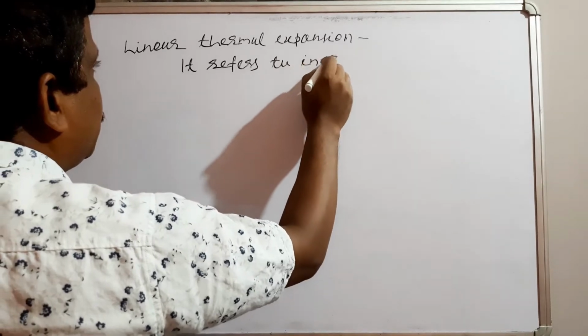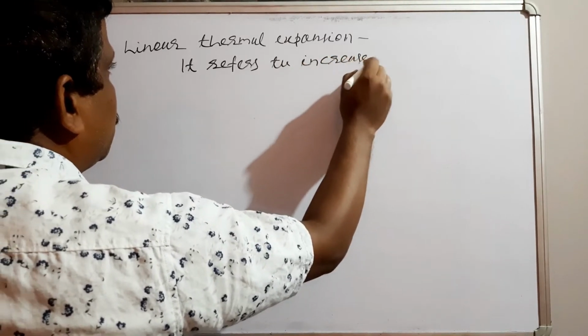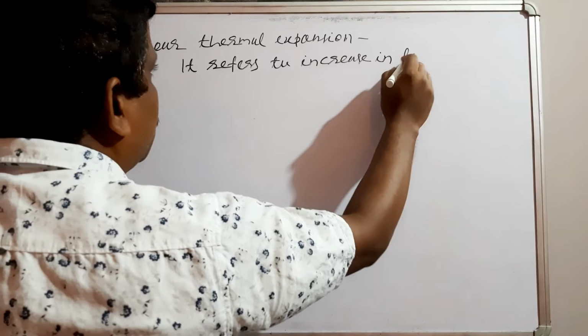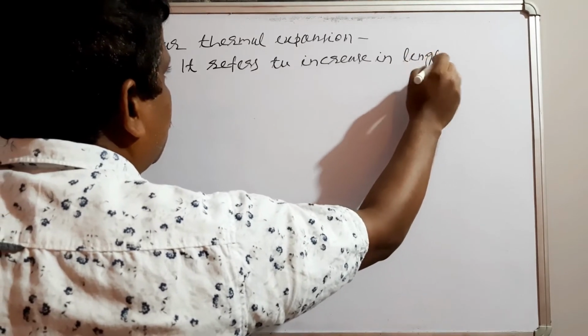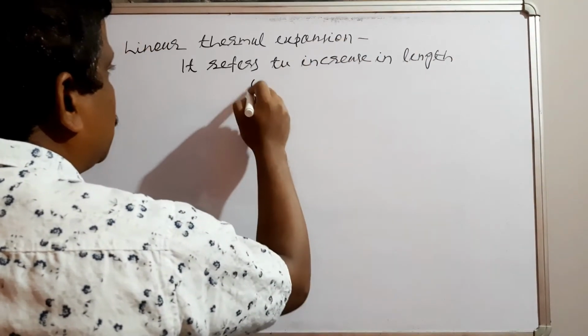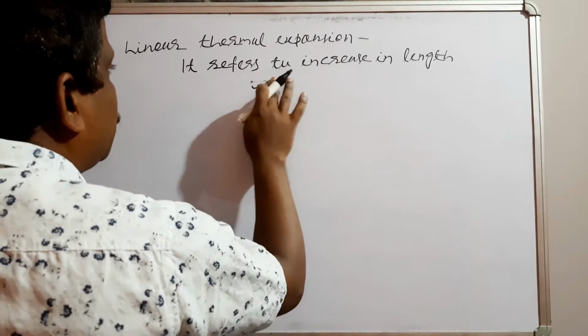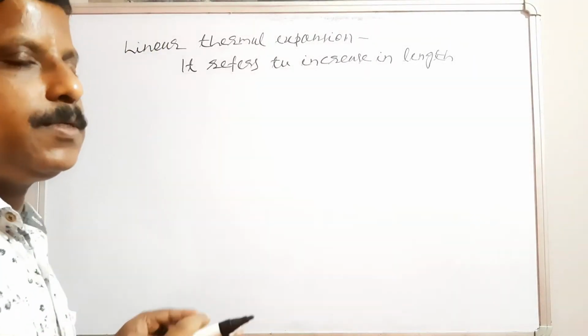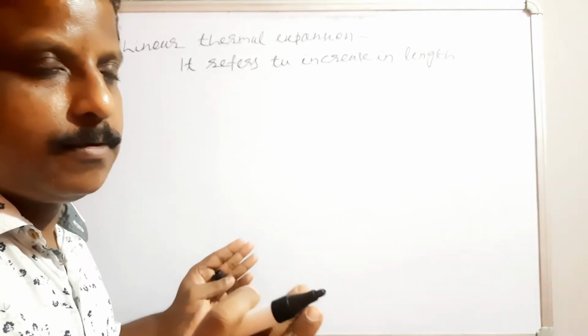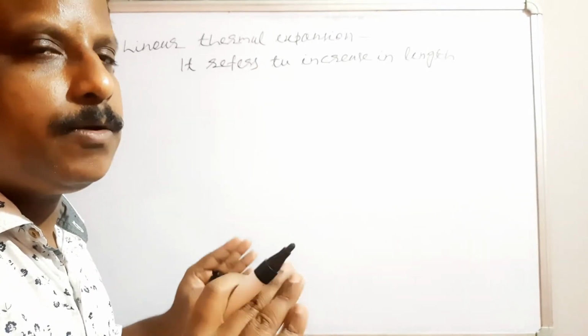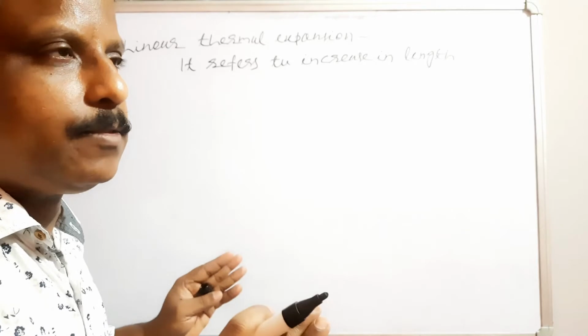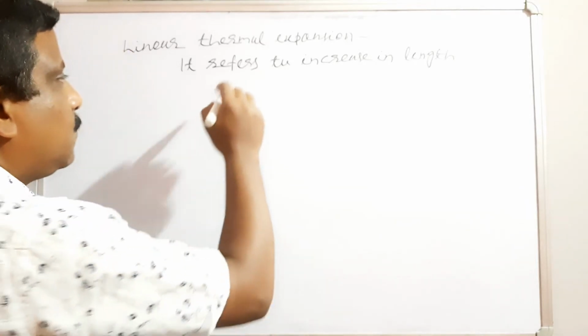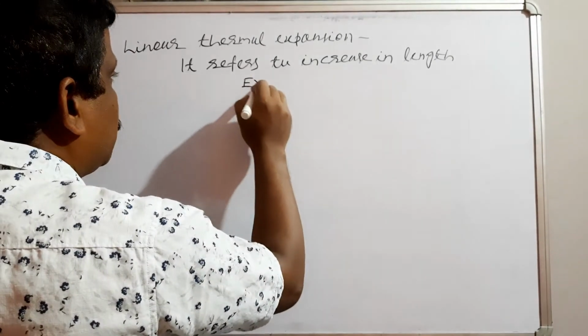Linear thermal expansion refers to increase in length only, no area, no volume, only in length. For example, we can give a metal rod.